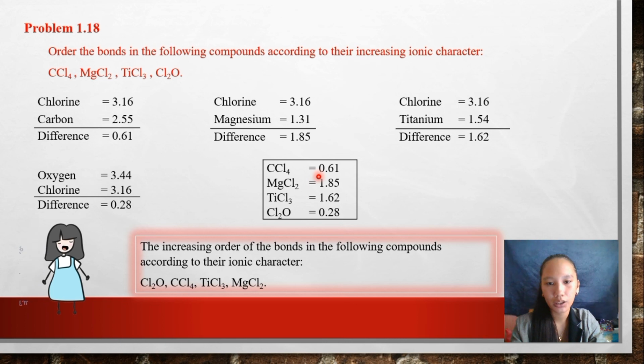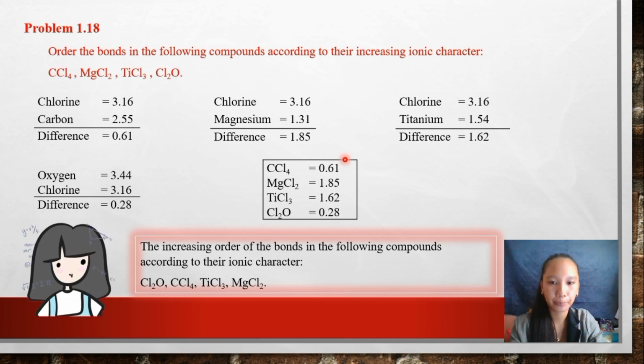And we have here, inside the box, the compilation of the answers. CCl4 has 0.61, MgCl2 1.85, TiCl3 1.62, and Cl2O 0.28. Now we will just order these four in increasing order.